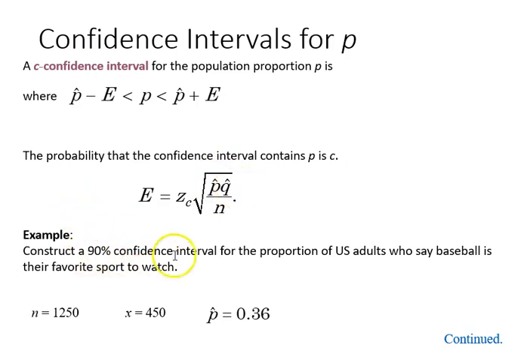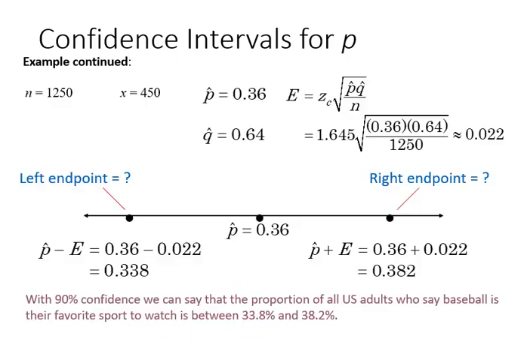So to build a 90% confidence interval, we find the z point for that. We have 1,250 adults, 450 say they like baseball, the sample point estimate 0.36. And using that, we can use 1.645 for our z-score, to build our confidence interval at the 90% level, and that will give us 0.022, roughly.